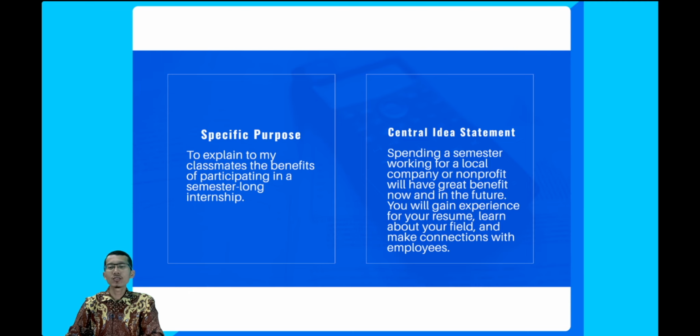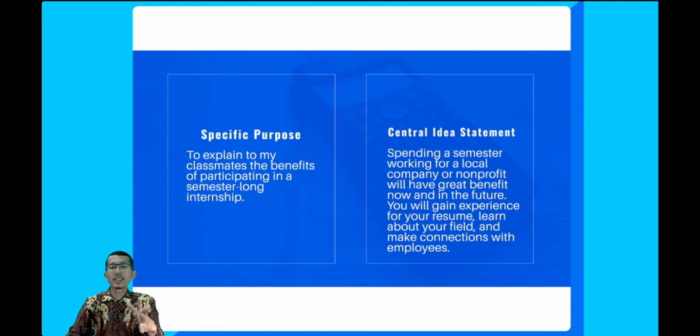And then the central idea statement is: spending a semester working for a local company or non-profit will have great benefit now and in the future. You will gain experience for your resume, learn about your field, and make connections with employees.